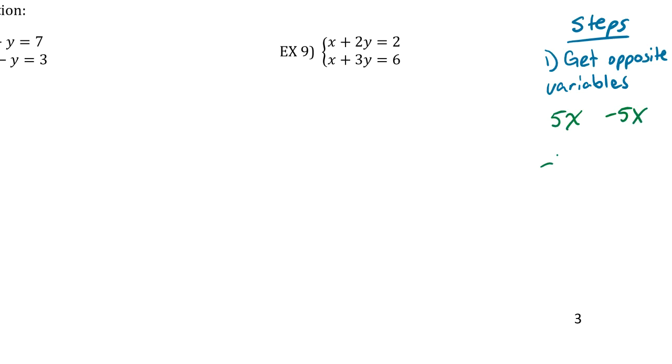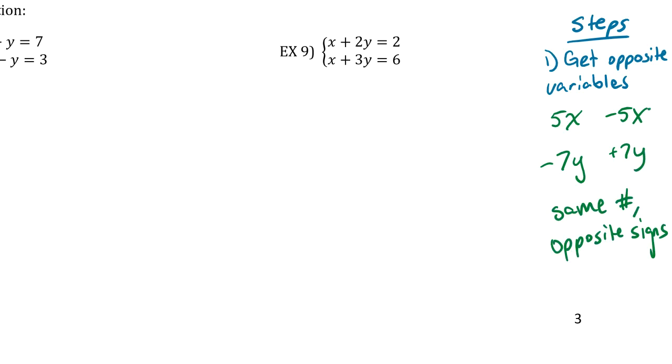If we have a negative 7y, we want a positive 7y in the other system. It means we want the same number, opposite signs. Right? The reason we want that is because if we add up 5x minus 5x, we get 0. Negative 7y plus 7y, we get 0. So that's what's going to let us eliminate these variables.